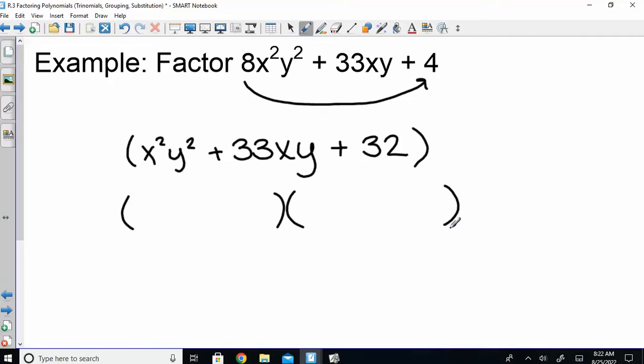Okay. So if my first term was x squared y squared, what do I put in each of the parentheses? X, Y. All right, multiply to 32 and add to 33. 32.